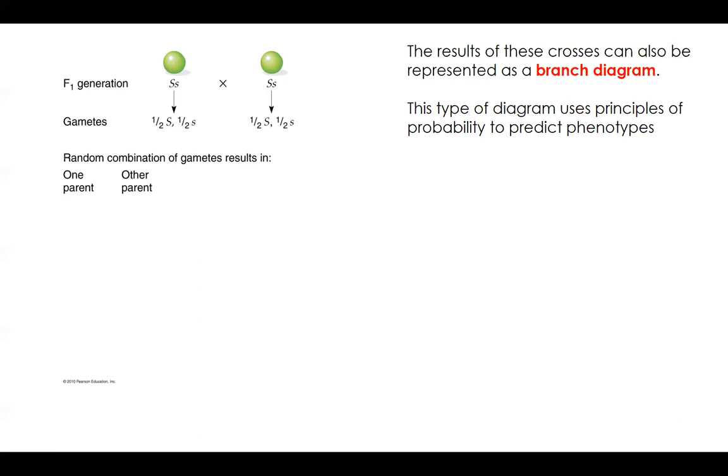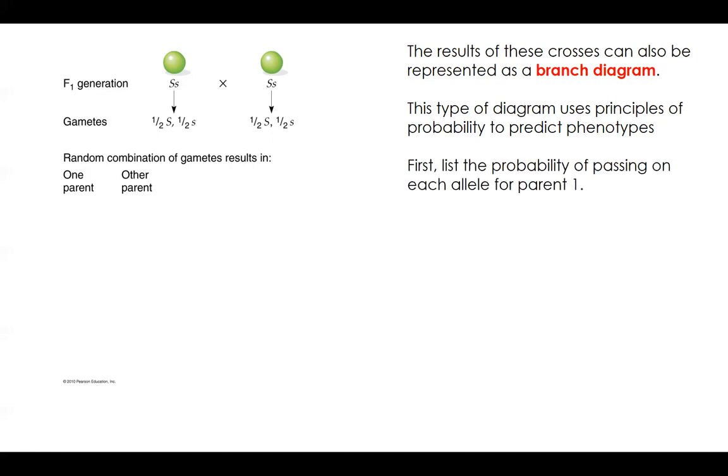So we're kind of working our way up to that type of analysis. And this type of diagram uses principles of probability to predict phenotype. So we're getting the same information as a Punnett square. Ultimately, maybe not in this first case because it's a very simple cross, but in more complicated cases, this can more easily give us those predicted phenotypes.